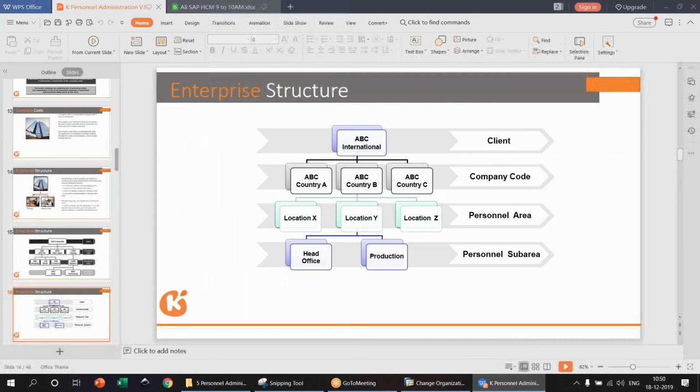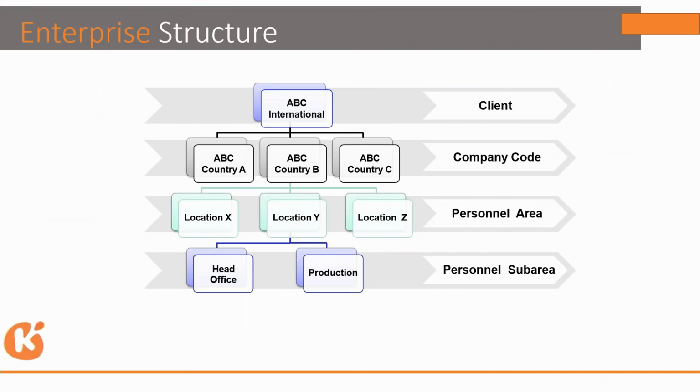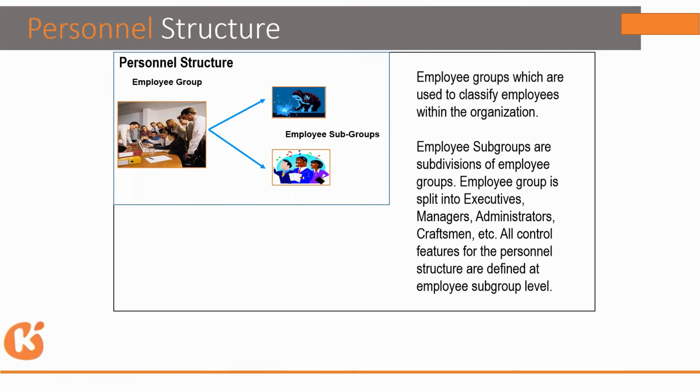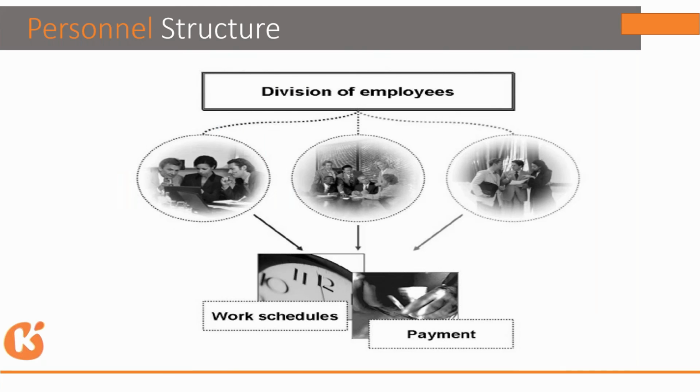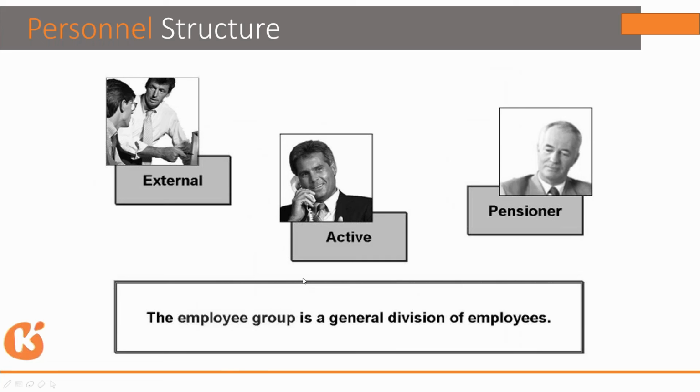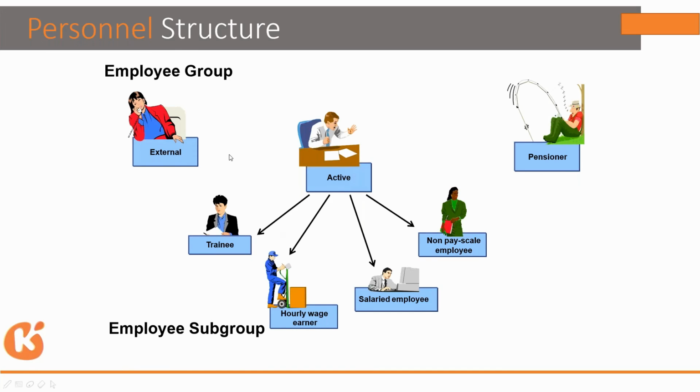So let's see some more details. Here you can see this is the structure, and this is a personnel structure where we just talked about employee group and employee subgroup. Employee group is just a division of employees. Here the employee groups are active employee, pensioner, and external.